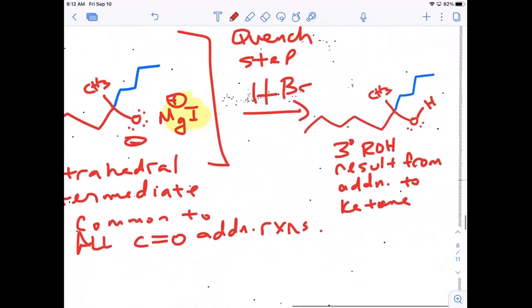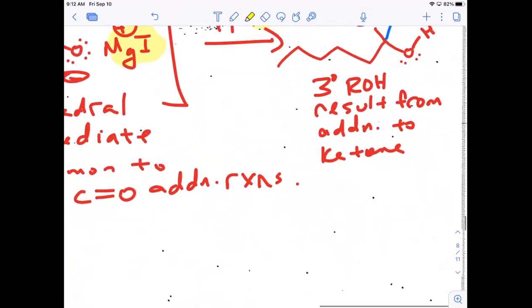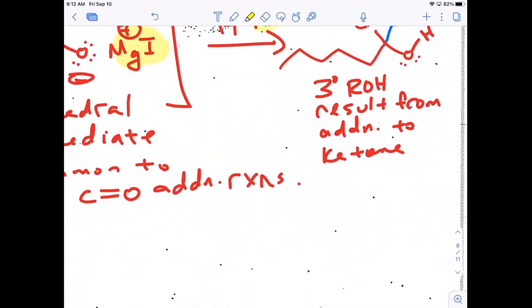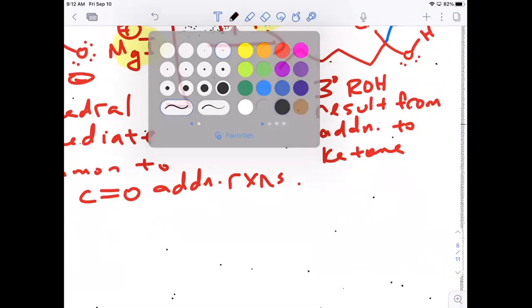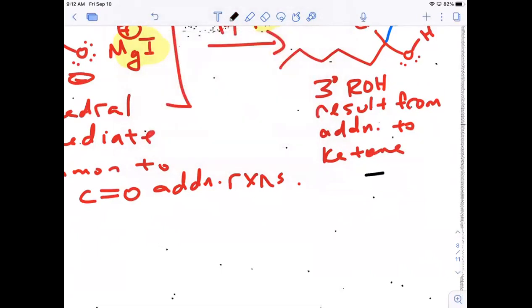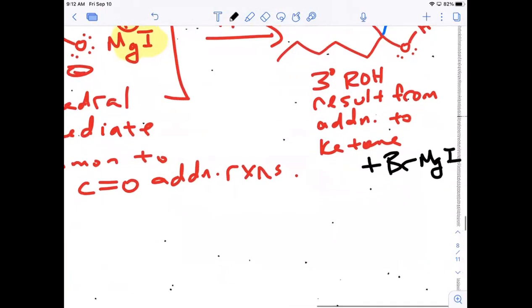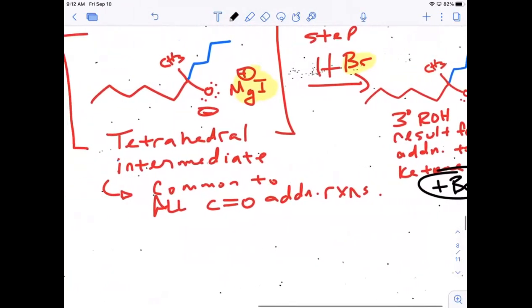So whatever the conjugate base is of the acid, which in this case would be bromine, it's going to end up with that salt. So it'll be the alcohol, and I'm going to change colors right quick, plus BrMgI, right? Okay. Whatever the conjugate base is for your acid, it ends up with magnesium.